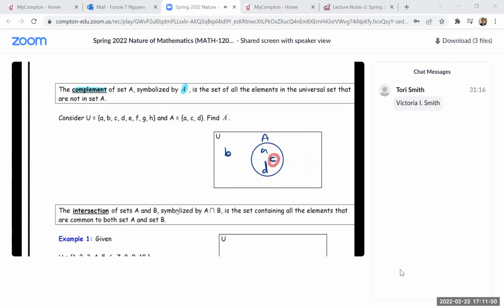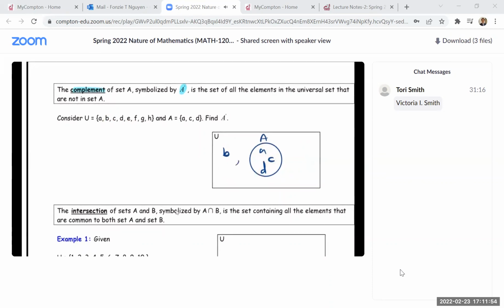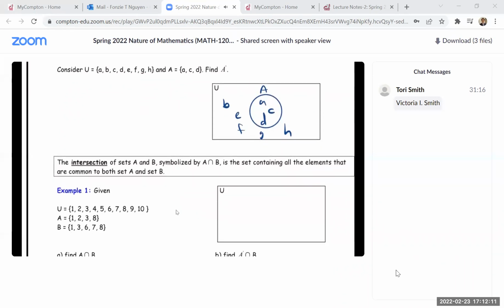C is already here. D is already there. Now we just have to write the rest of them: E, F, G, H. Do I have them all? Yes. A, B, C, D, E, F, G, H. That's how you would represent the set A inside of the universal set.